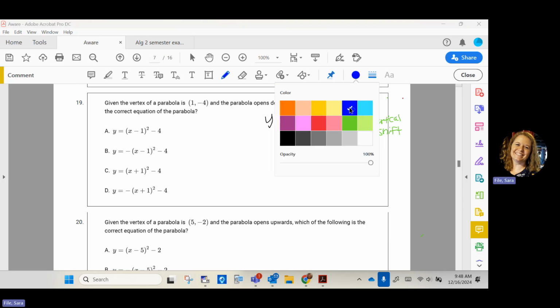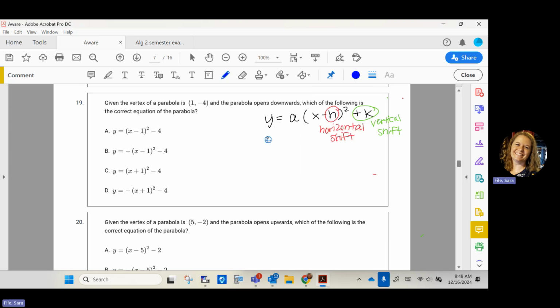And your A is telling you your vertical dilation, which is a compression or a stretch. And remember, it's a compression if A is less than 1, it's a stretch if A is greater than 1. And then if there's a negative A, it flips the graph over.